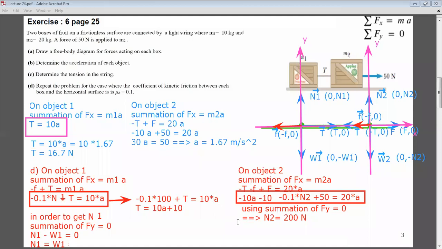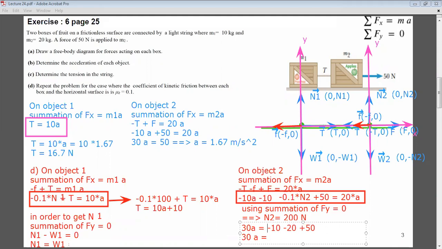So I take minus 10a to the other side, so they will be 30a, minus 10 minus 0.1 times 200, so minus 20, plus 50. Let's take all the a's to one side.